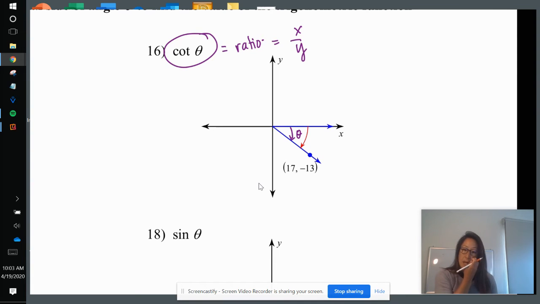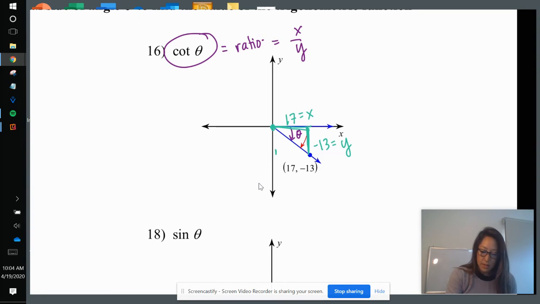I need the x length and the y length, so I'm going to draw in my reference triangle here. To get to this point, 17, negative 13, I'm starting in the middle and I'm going to move 17 to the right and 13 down. So the x length is equal to 17. The y length is equal to negative 13.